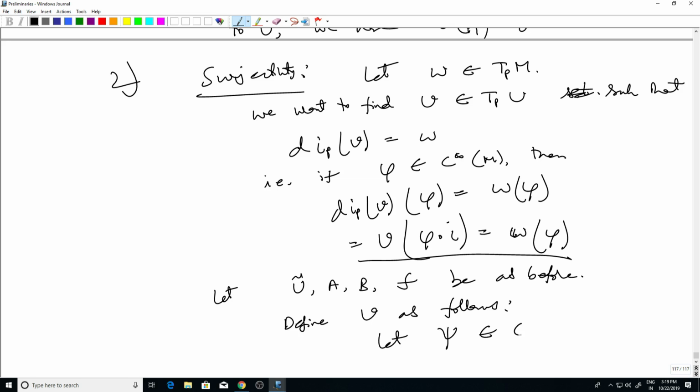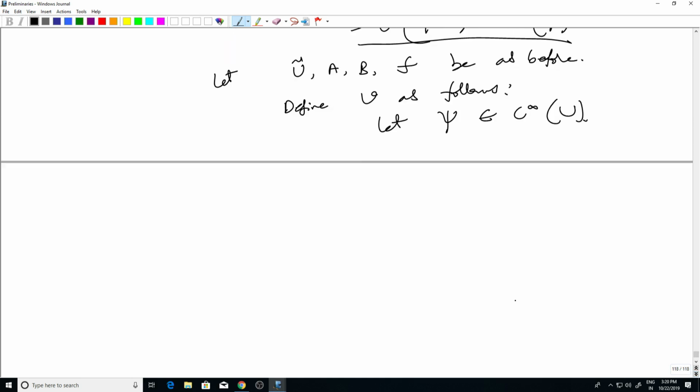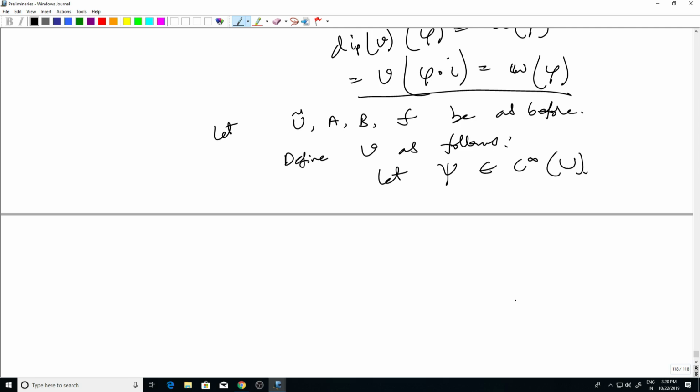So let's start with C, C belonging to C infinity of U, and I'm going to use W to define the action of V. Directly, I cannot let W act on C because it's defined only on U, not on all of M. However, we know that all that really matters is the action of a derivation.